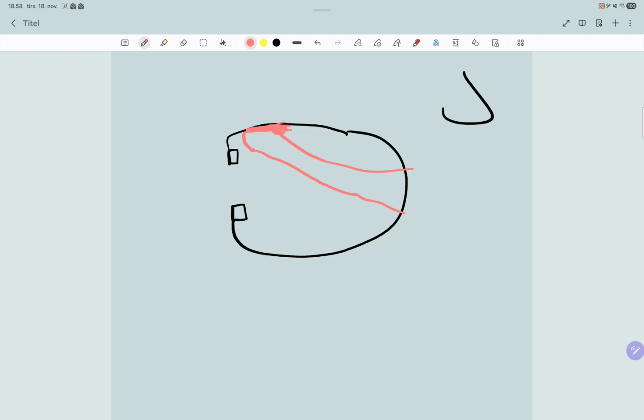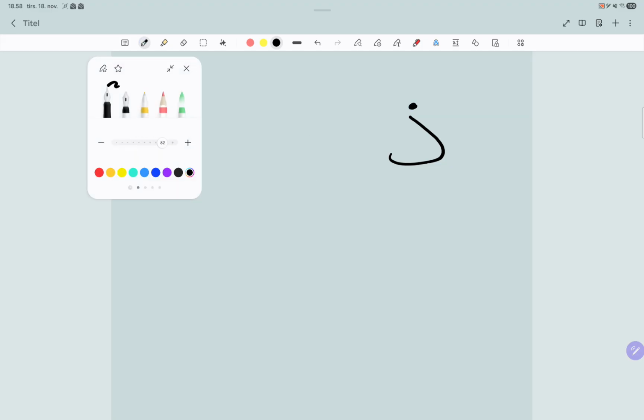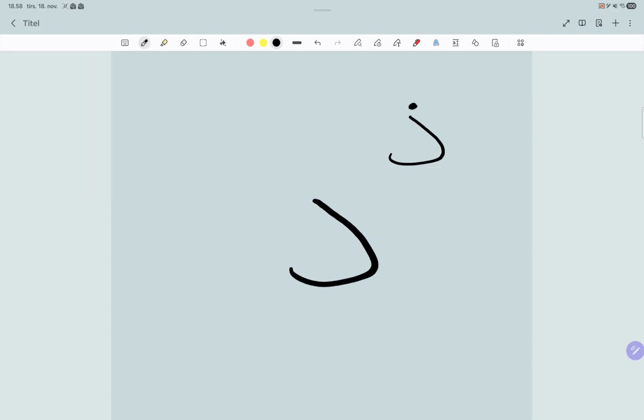Okay, to the next letter. So in this next letter we have Dhal. Please notice that Dhal looks very much like Dal. The difference is that you have a dot.